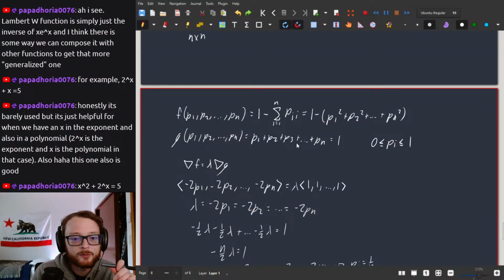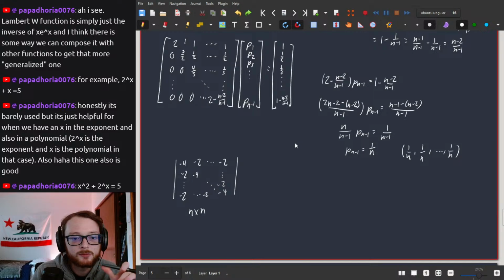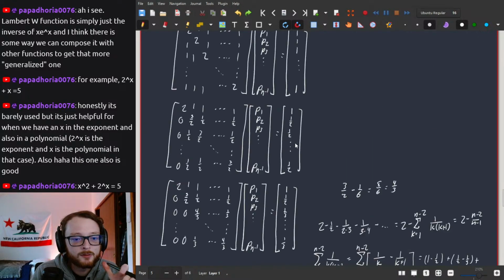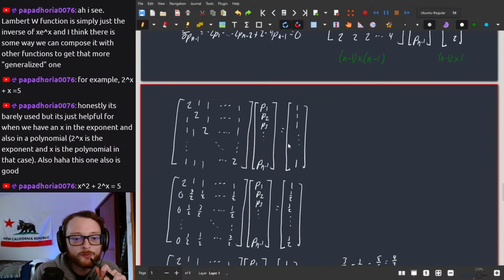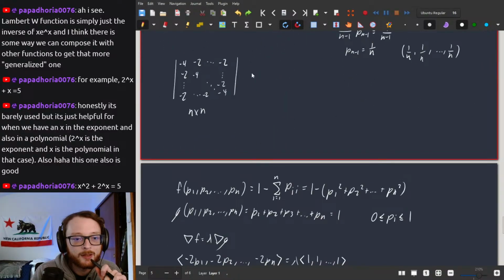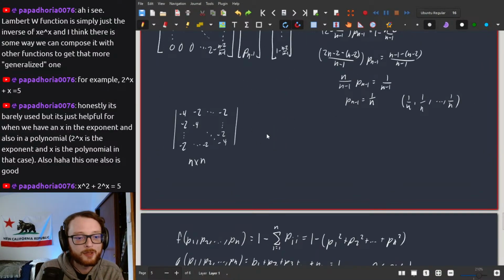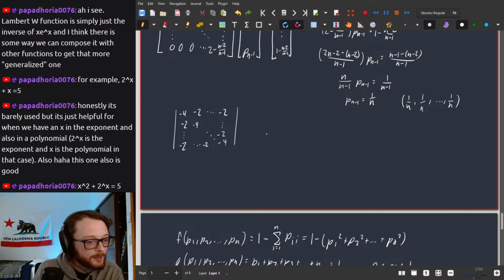Okay, so I think I solved this biology problem. It'd be cool to figure this thing out with the n by n matrix, but it's also not that important. And now there's two options for what I can do.